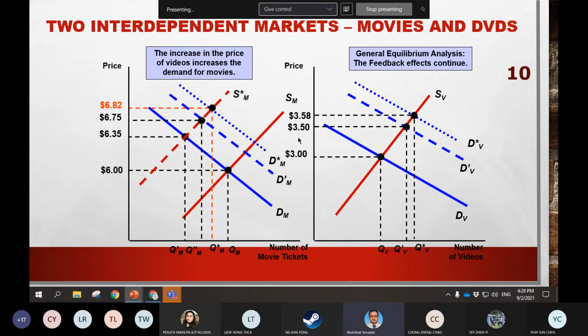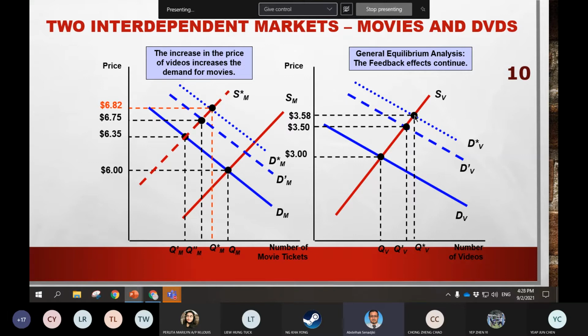Again here, when people shifted to the theater, the demand will keep going and go again to D star M, and we have another equilibrium at D star M and at the price of 6.82.